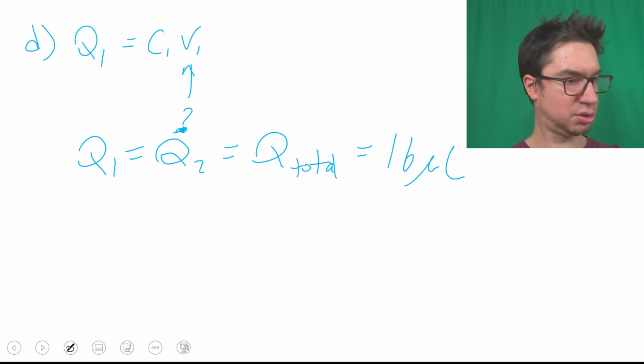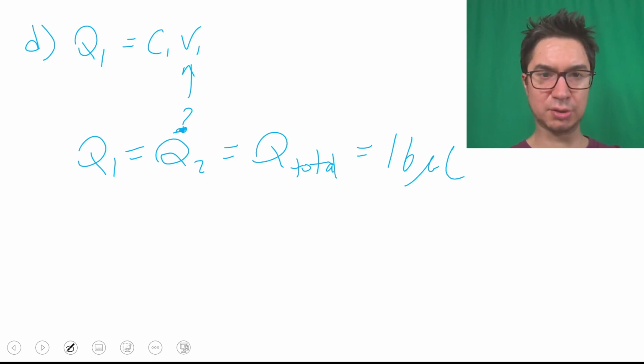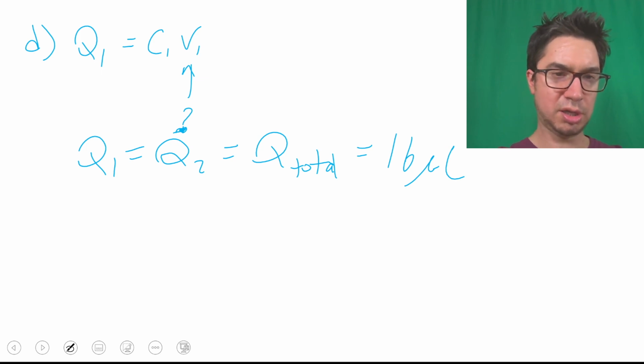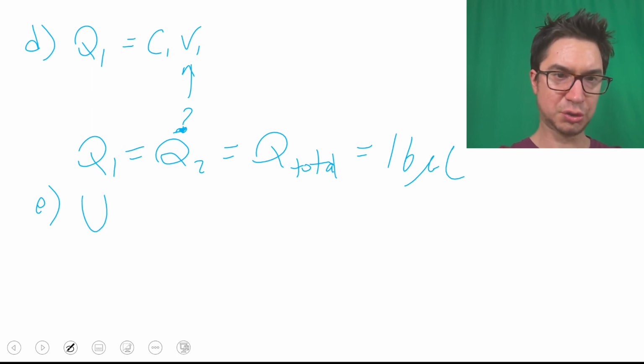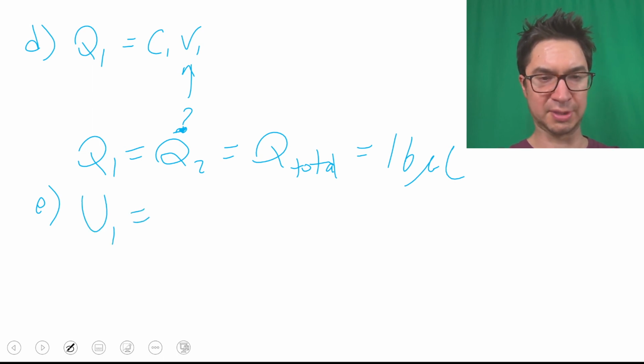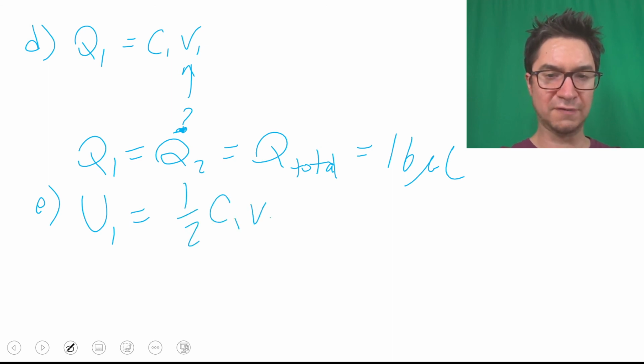All right. So with that in mind, in part E, we can find the potential energy stored in the first capacitor, and that potential energy is going to be equal to 1/2 C1 V1 squared. Now, we don't have the voltage, like we said earlier.